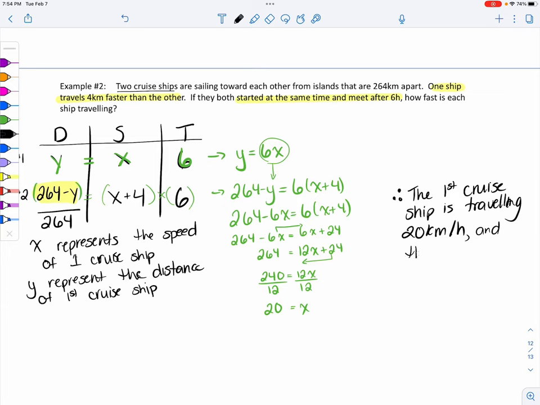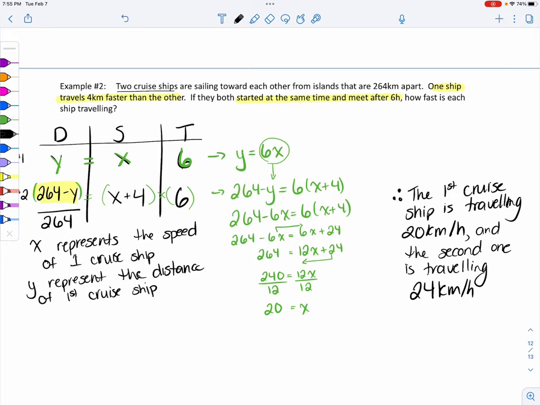And the second one is traveling... Think about what we know about the speed of the second one. The speed of the second one is 4 kilometers faster than the other. So the second one is traveling 24 kilometers an hour. There you go, and you're done. We don't need to solve for y here.